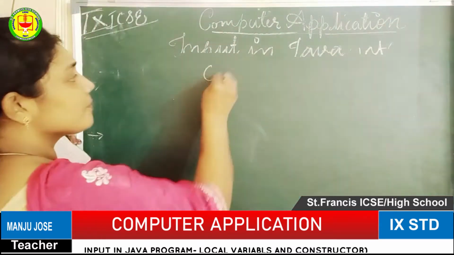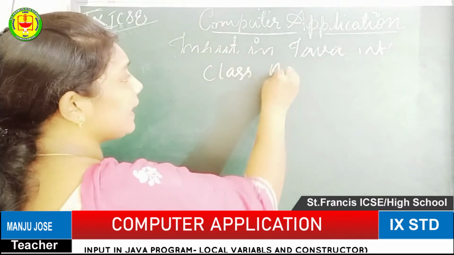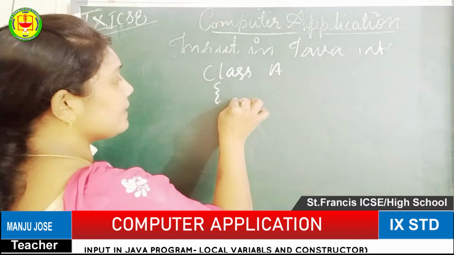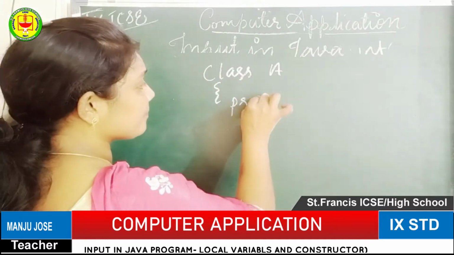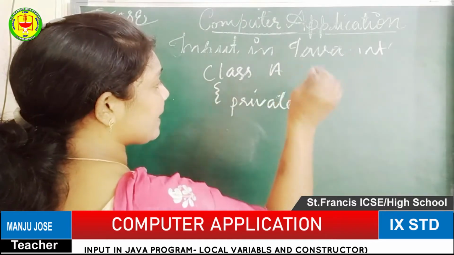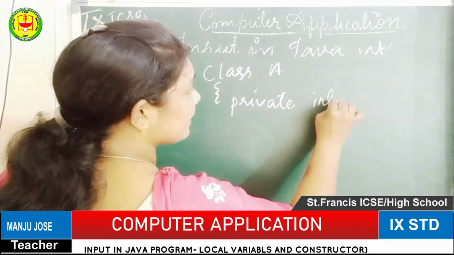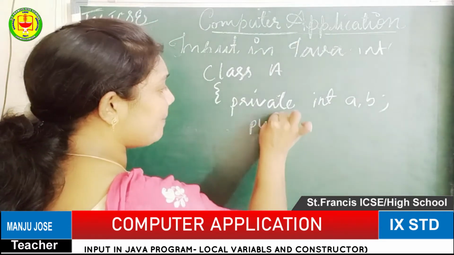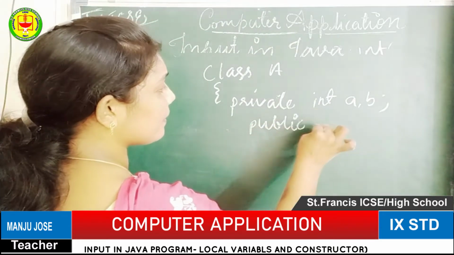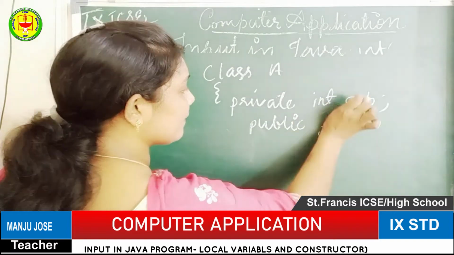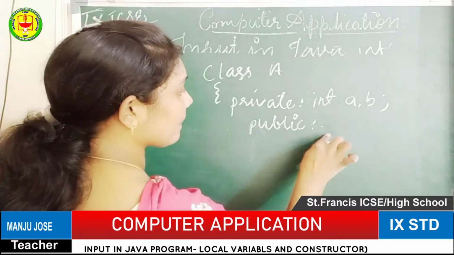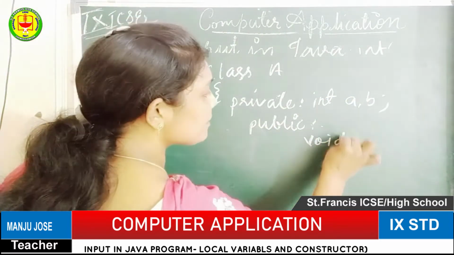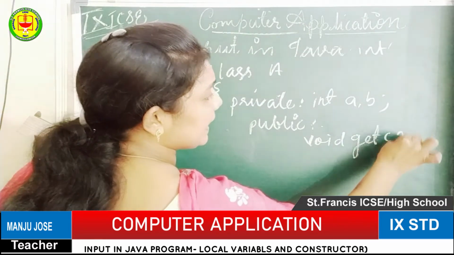The class A, then public, private, int A and B. Here public, one function I have given, void get function.